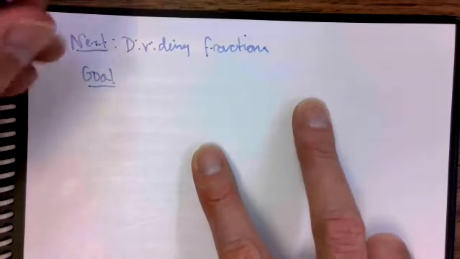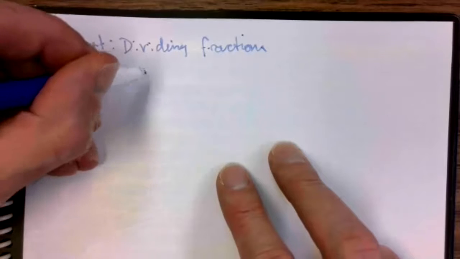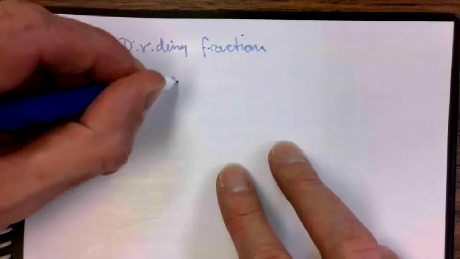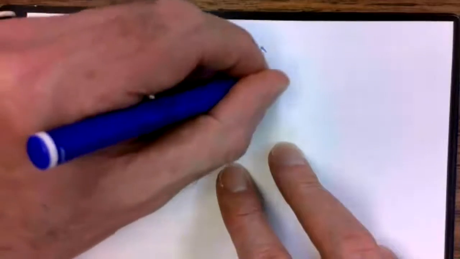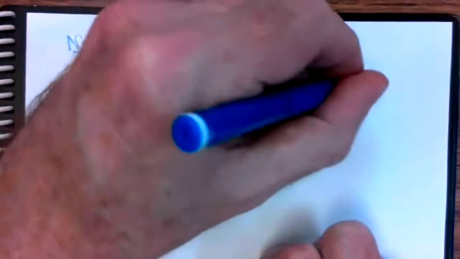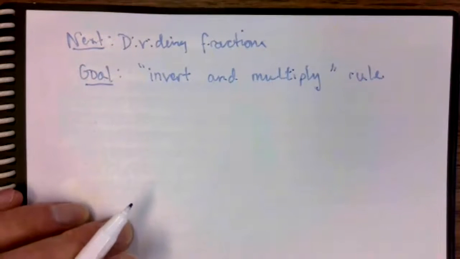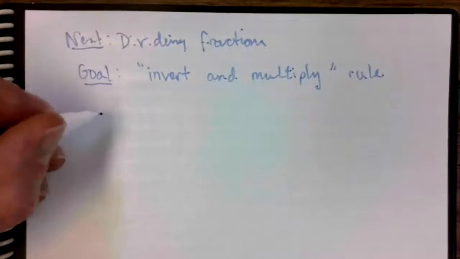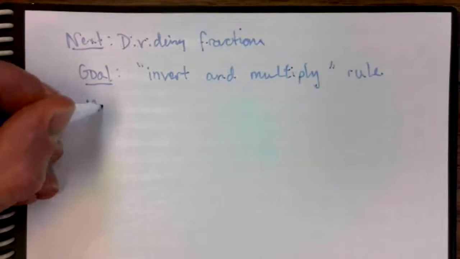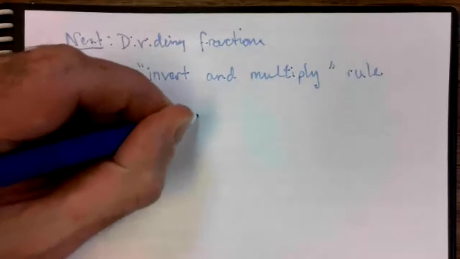So the goal is this invert and multiply rule. And we must, as teachers, we must be able to explain the concept.